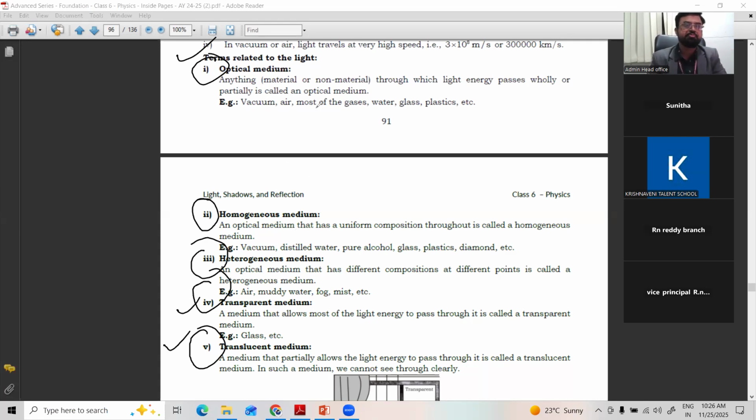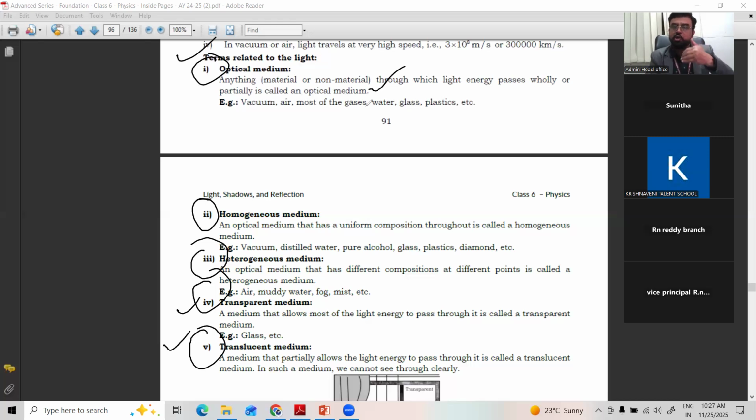For example, anything, either material or non-material, through which light energy passes wholly or partially is called an optical medium. Right? So, when you pass light, it does not pass through all materials. Suppose you have so many things in front of you and you try to focus light on them.